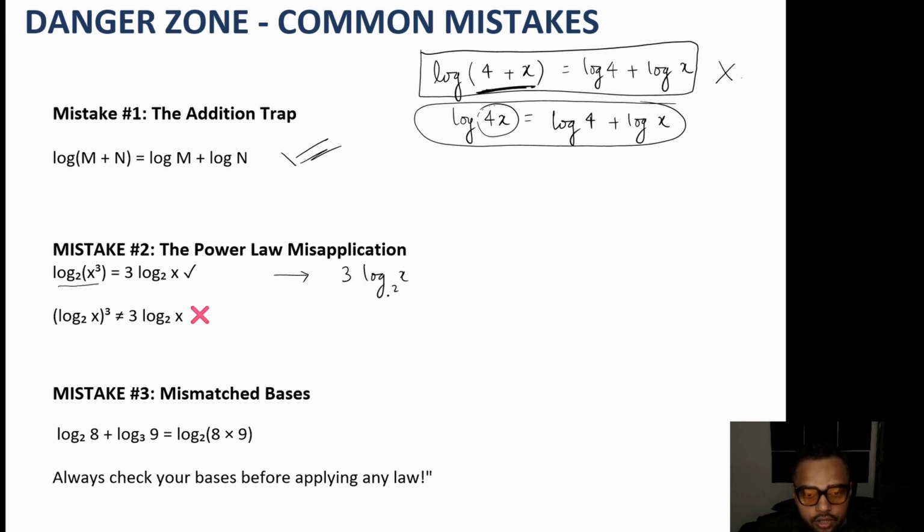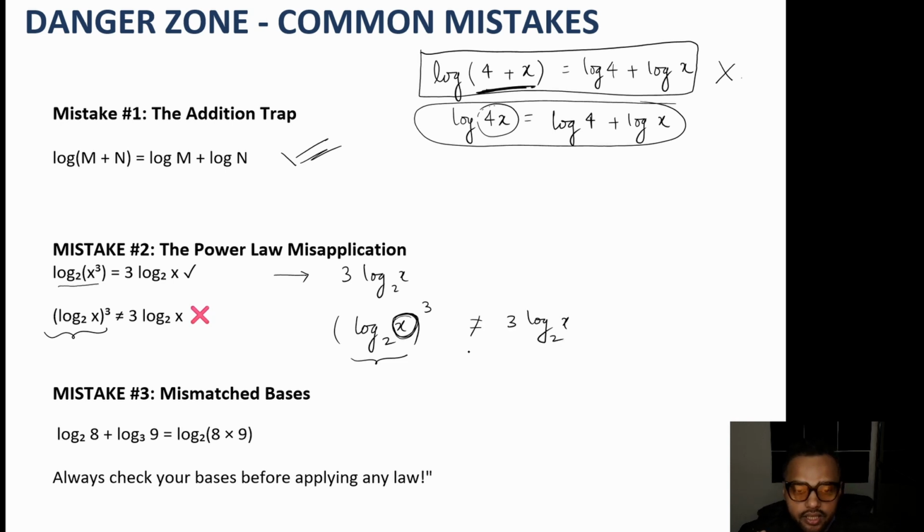But what if I say that an expression is given as (log of x base 2) whole power 3? This is the whole power, student. The power is not raised on the number inside the log. It is the whole cube of this particular term. So this can't be written as 3 log of x base 2.